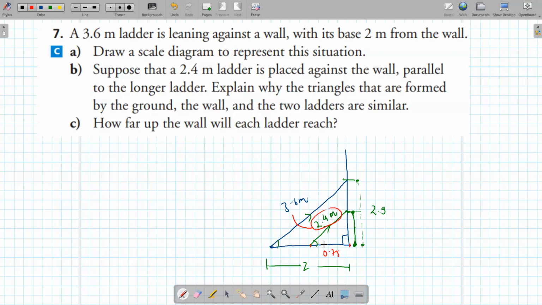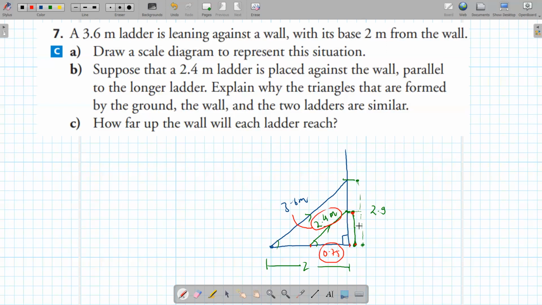Now use this side and the Pythagoras theorem to find the height of the smaller ladder. Is it 5.2?